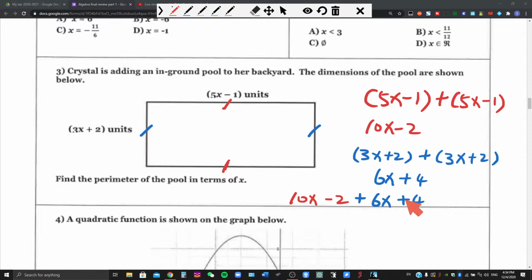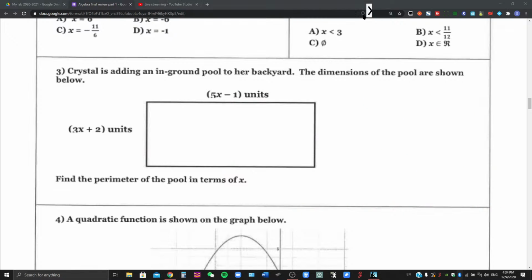And negative 2 plus 4, that's a positive 2. So that will be 16x plus 2, right? Okay, so the answer will be 16x plus 2. Good. Let's go on to question 4.